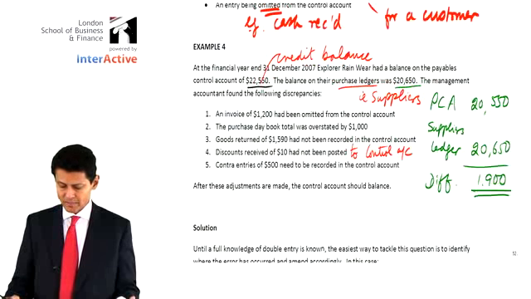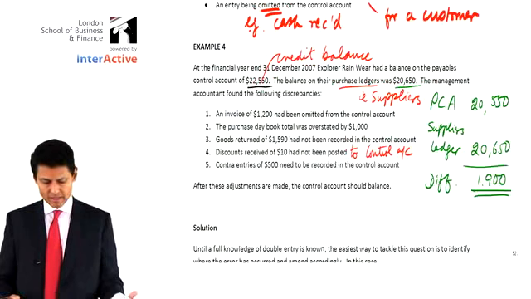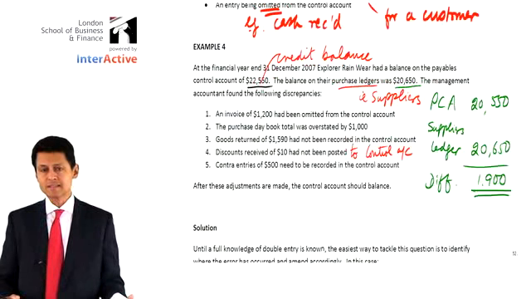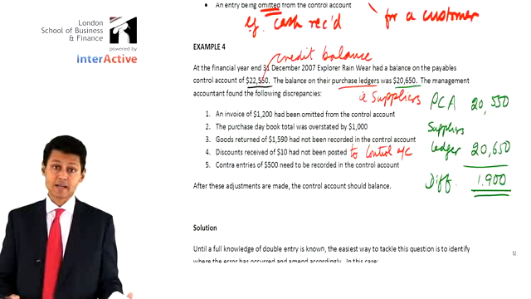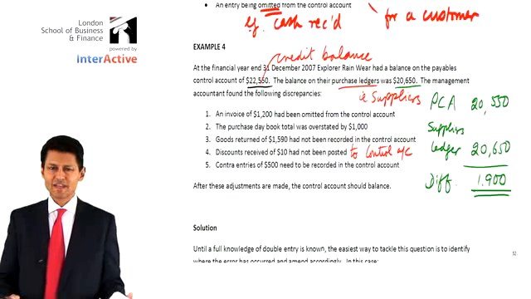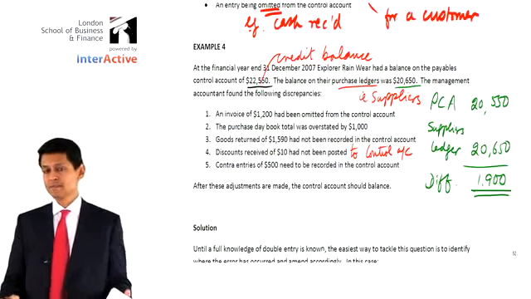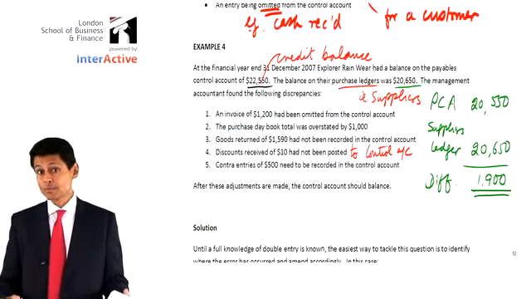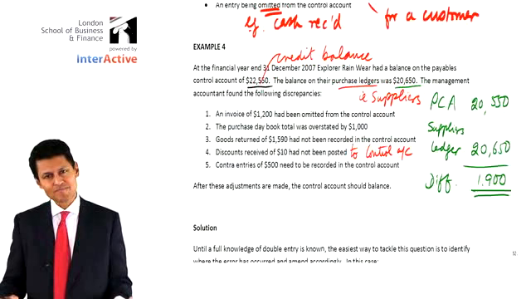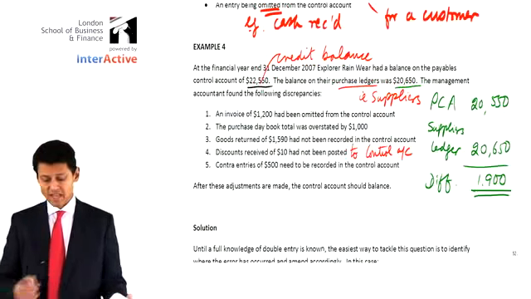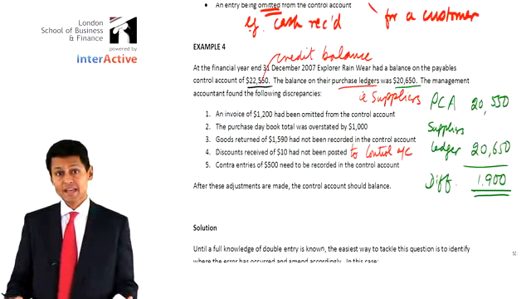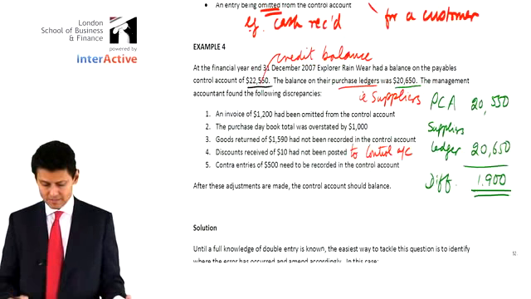Contra entries of 500 need to be recorded in the control account. A contra quite simply means the supplier is also acting as our customer. So if we sold goods to the customer and they haven't paid us, but we also bought goods from the same person, but this time wearing the hat of a supplier, what we do quite simply is to cancel them. So it's a very, very easy point. The word contra is just an old-fashioned way of saying cancelled, because it's inter-account.